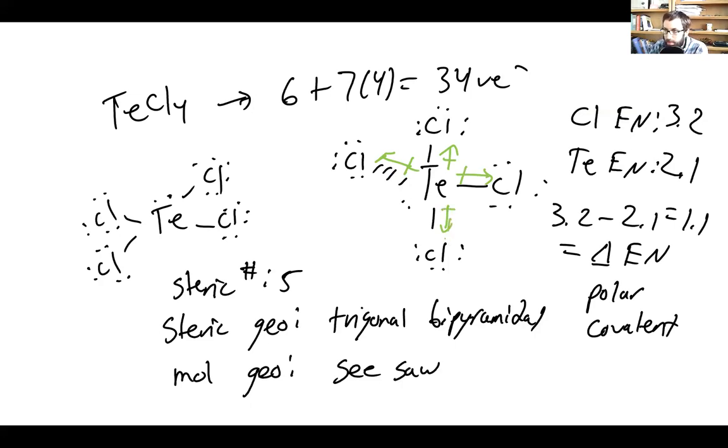Now, is there a net dipole? If we had a site here, there wouldn't be, because it'd be equal and opposite directions. You know, this trigonal bipyramid radiating from the center, we would have no net dipole, right? But if you look at this, there's no dipole here going in this way.